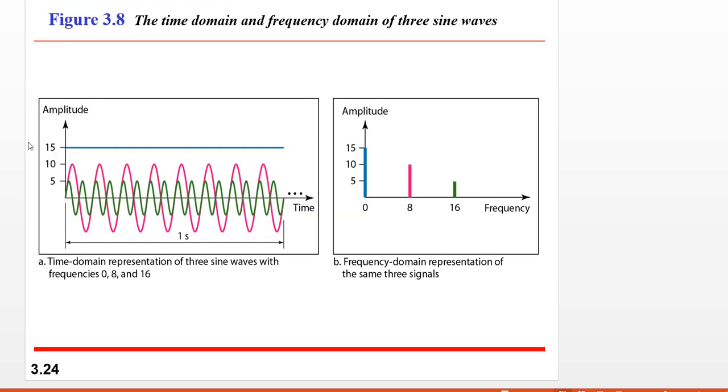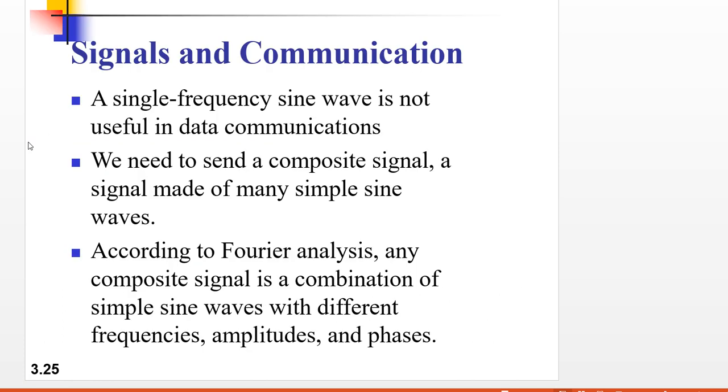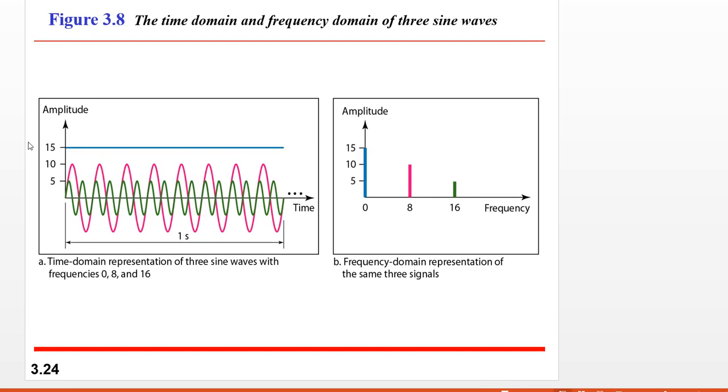Okay, fine. So now we have to discuss composite signals. It is not written, but you just listen to my words. A composite signal is a composition of multiple sine waves. This is given by the scientist Fourier.